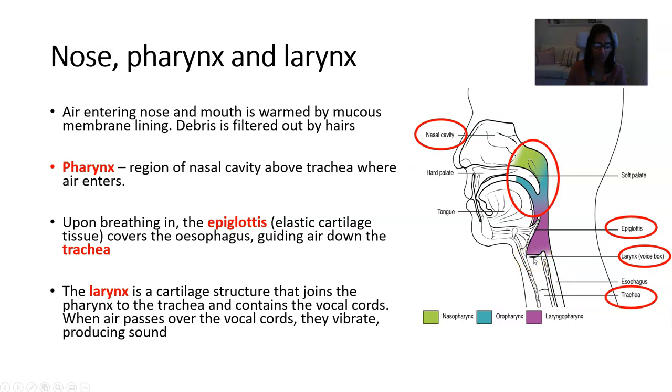Again, as I've said, this is where your voice box is and your vocal cords are. This structure, as I showed you in the previous slide, is made chiefly of cartilage, and air passes over that structure to vibrate those vocal cords as air passes into the lungs.